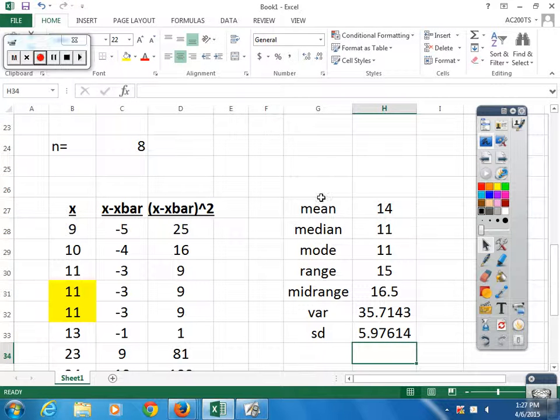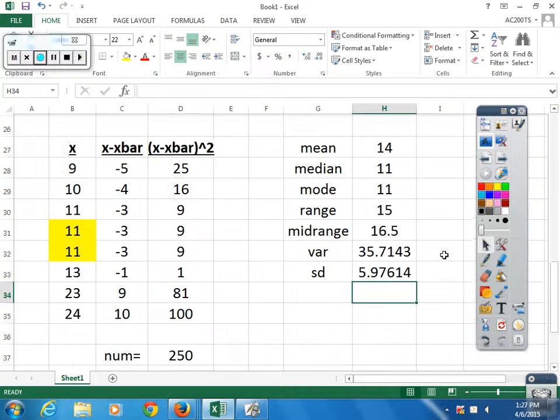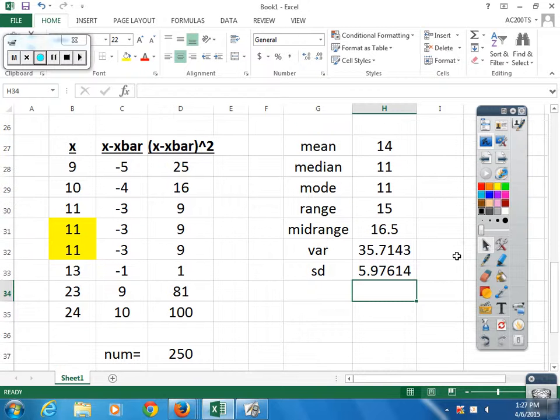So the mean is 14 and the standard deviation is 6, or 5.98. So your normal curve is going to be right here.